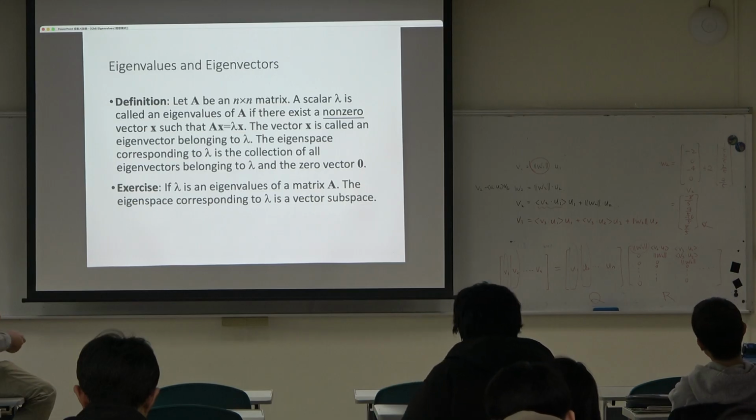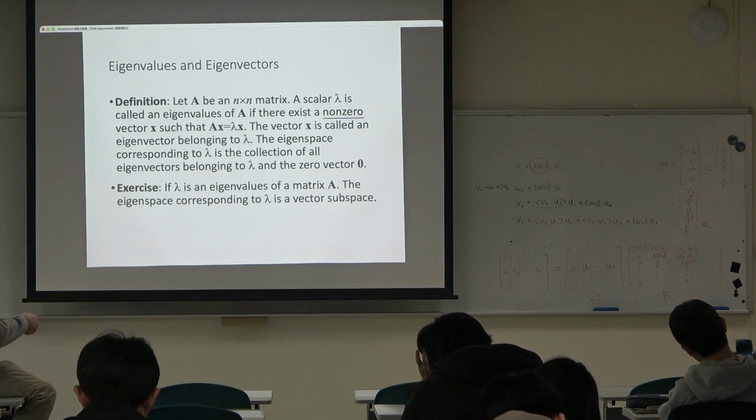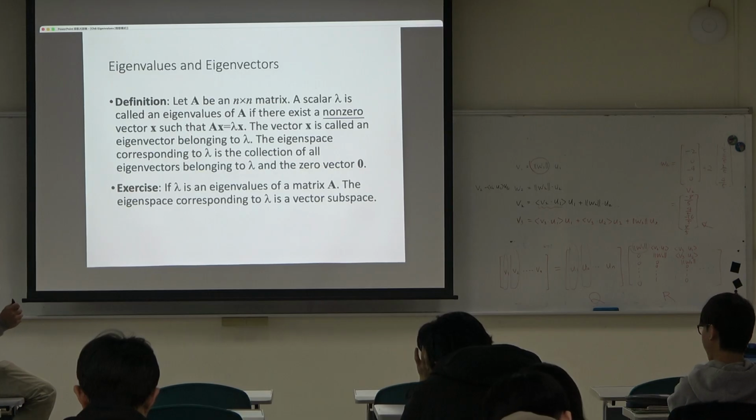So first, what is an eigenvalue and an eigenvector? If you have a square matrix, by the way, we discuss eigenvalues and eigenvectors only for square matrices. We usually don't discuss them for matrices which have different numbers of columns and rows.